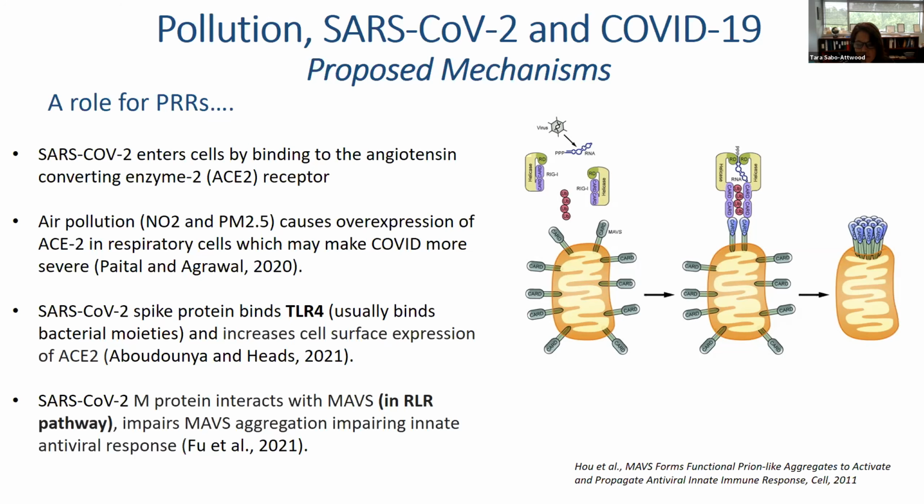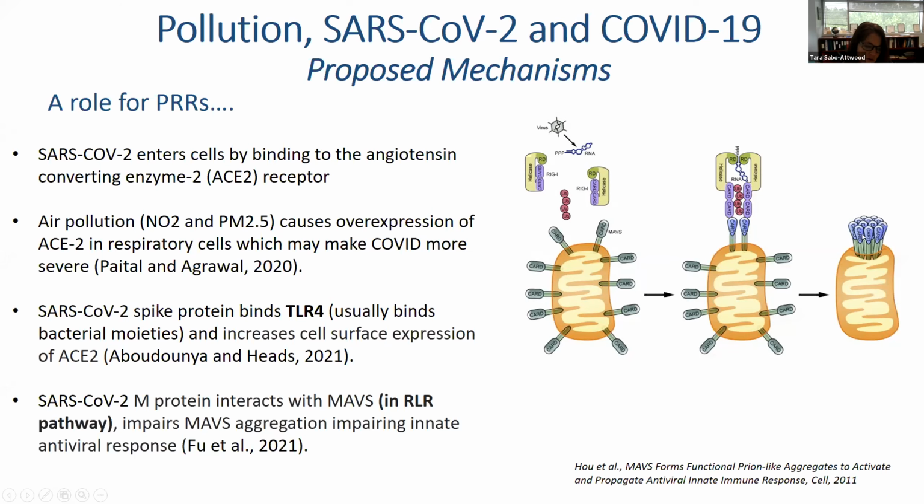Another interesting study focused on the RLR pathways, and that showed that the SARS-CoV-2 M protein could interact with a protein called MAVS, which is part of this RLR system. And MAVS is really interesting because it's actually this protein here that sticks out on the mitochondria. And once a virus is recognized by RLR receptors, which are called RIG here, they actually cluster on one end of the mitochondria.